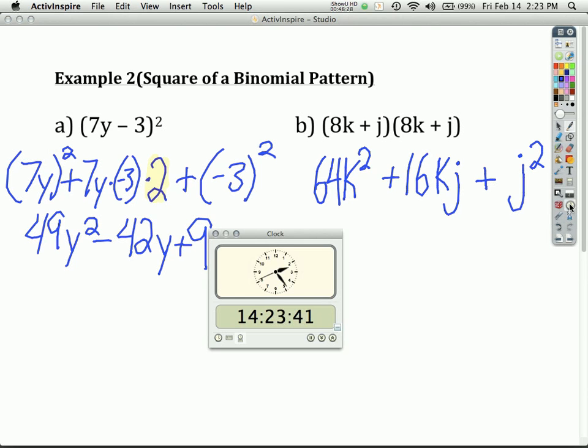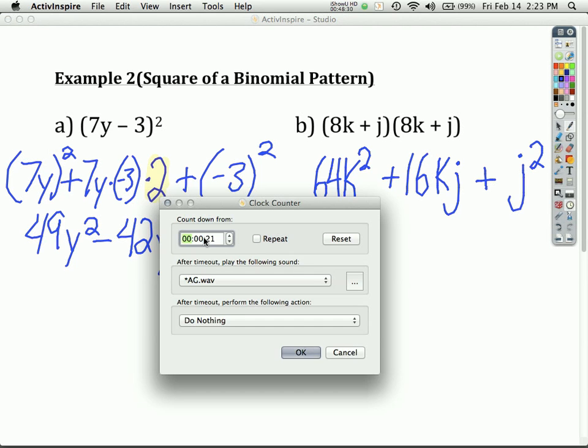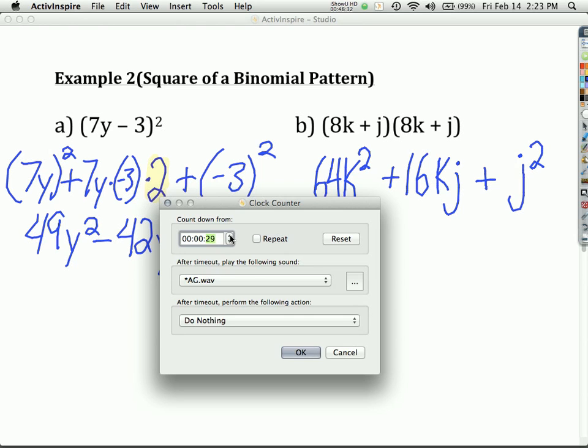Okay, this takes a little bit more effort, so I'll put a little bit more time on the clock. Let's say 50 seconds. Let's take 50 seconds for 2 questions, 25 seconds each.